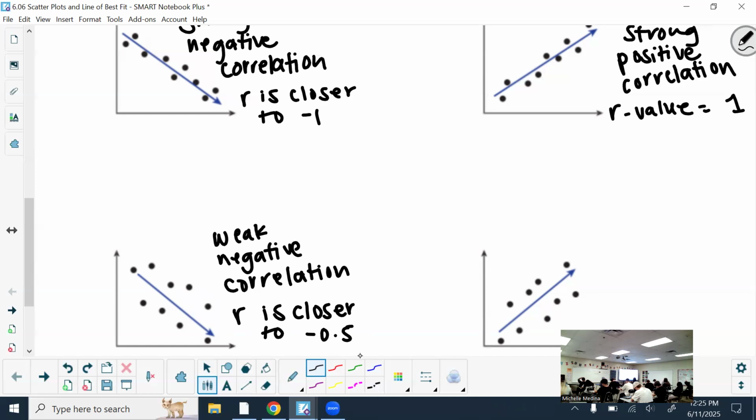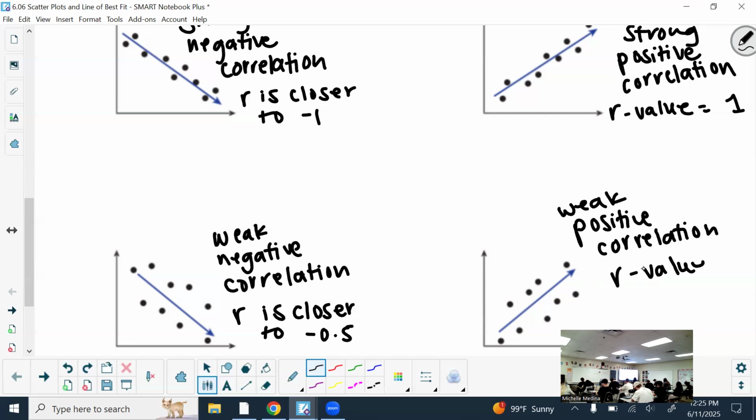Angela, what about the one to the right? Okay, good. Give me all of them. So weak positive correlation, and R value closer to positive 0.5.